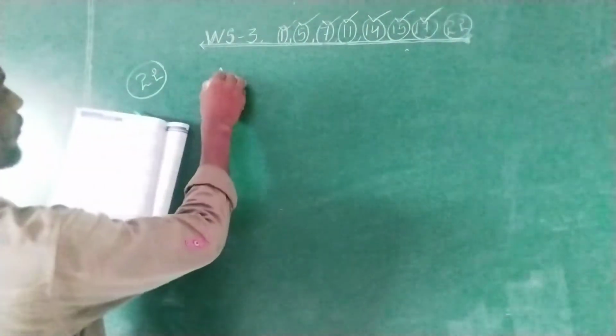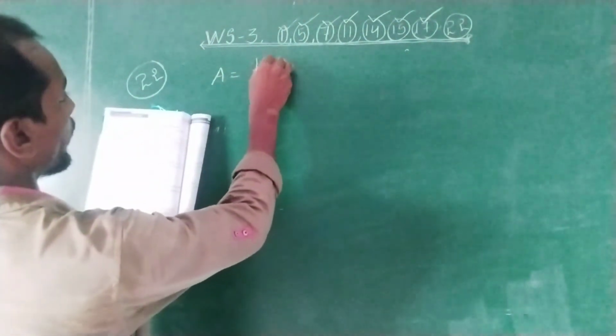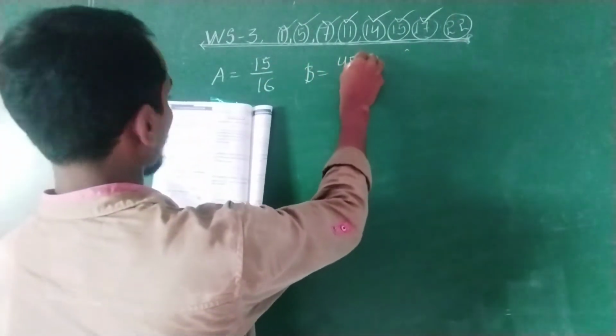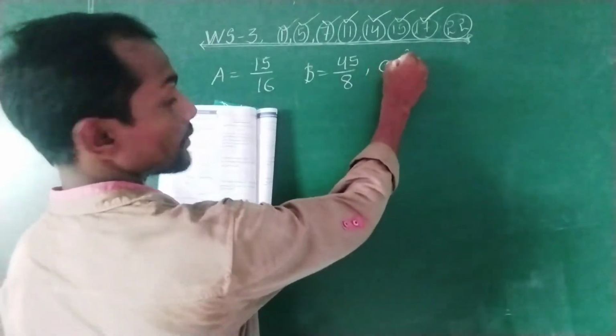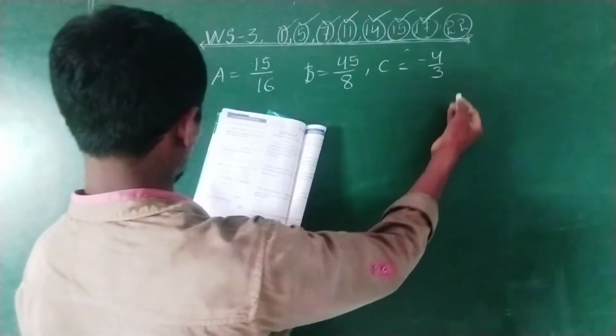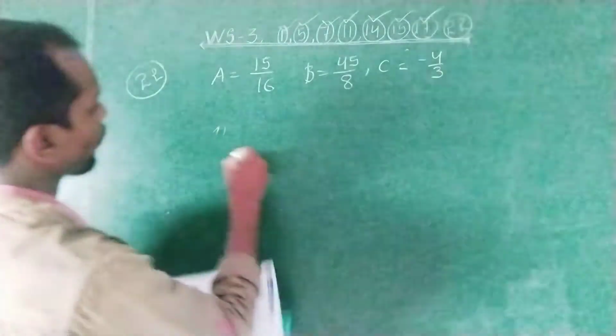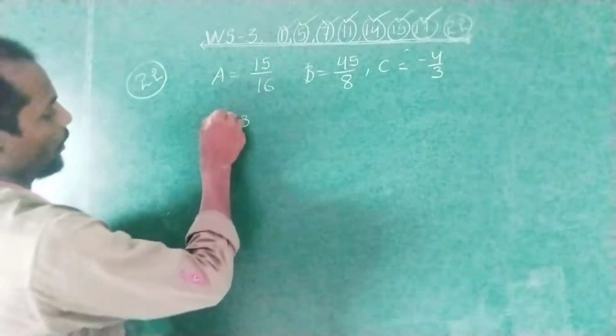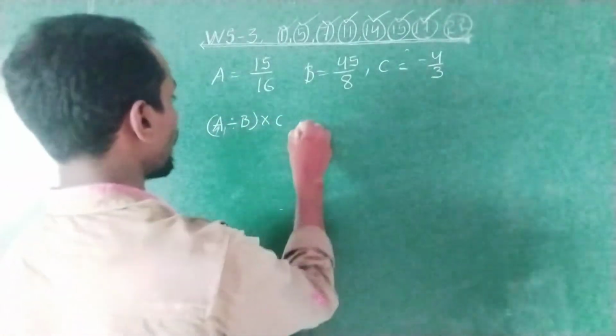So the A value given is 15 by 16, B value given is 45 by 8, C value given is minus 4 by 3. First of all, you have to find out A divided by B into C. What is the value? Let us find out.